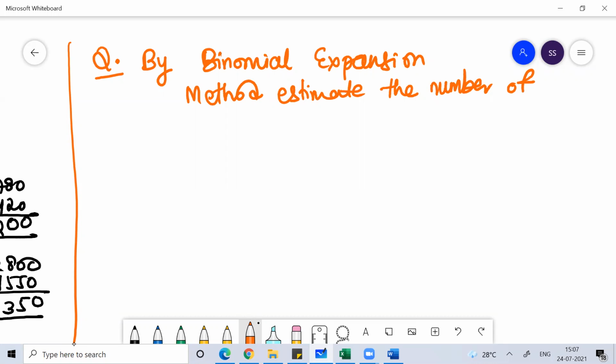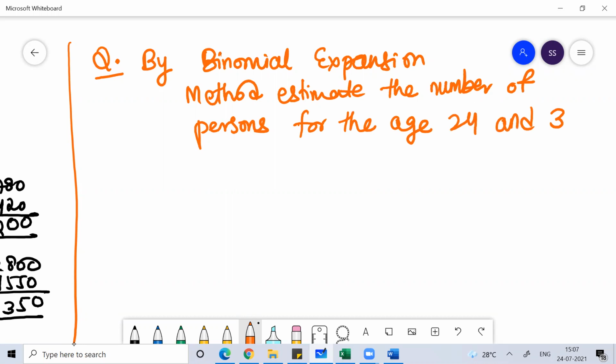Estimate the number of persons for the ages 24 and 30 years with the help of the following data.